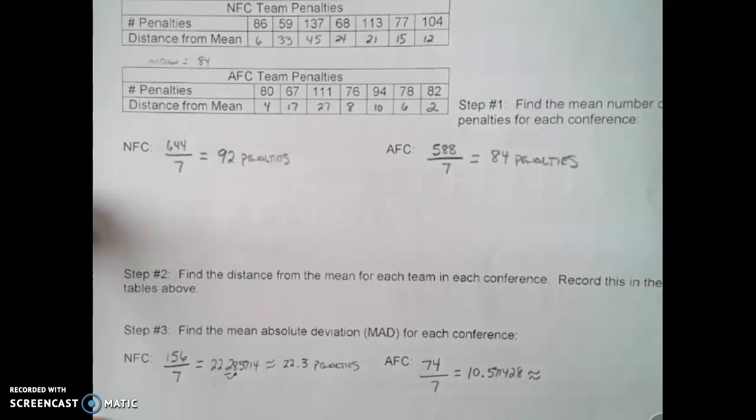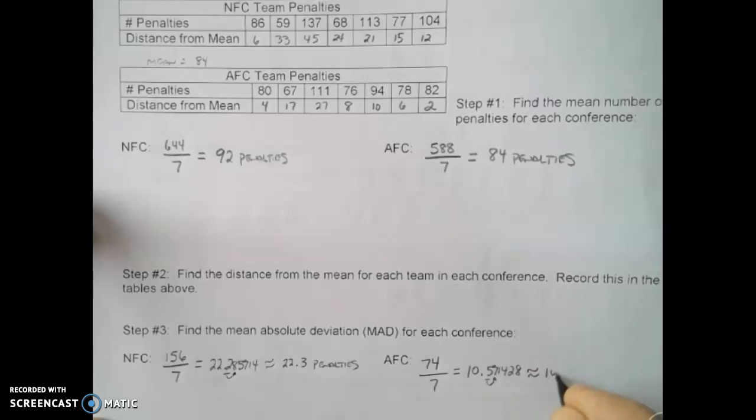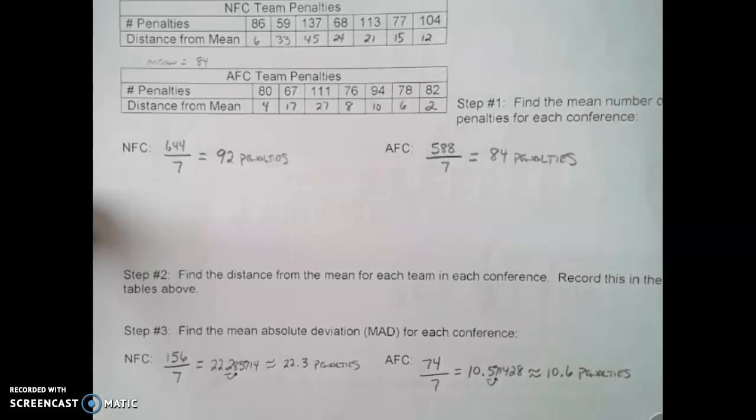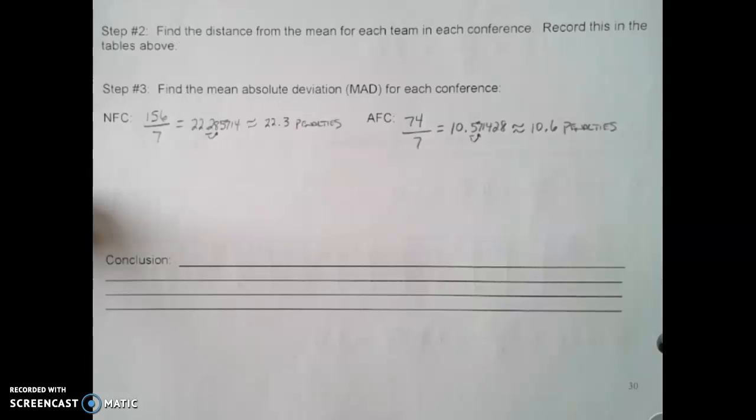And again, let's go to the nearest tenth with that, but that 7 right there is going to round us up to about 10 and 6/10 penalties. Okay, so these are the mean absolute deviations for each conference. The mean absolute deviation for the NFC was 22 and 3/10 penalties, and the mean absolute deviation for the AFC was 10 and 6/10 penalties.